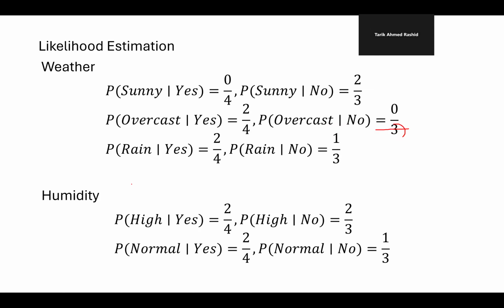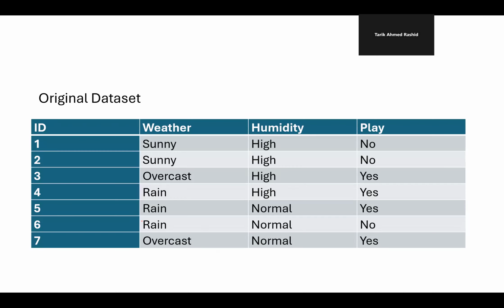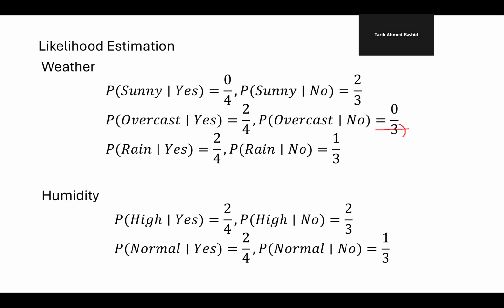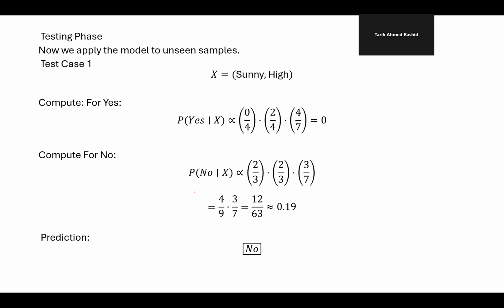For the rain, how many yeses do we have for the rain? If we can go back, yes for rain, and 2 yeses we have, so 2/4. And how many rains do we have with no? 1 no we have for the rain. And how many no's are there? 3 no's in the data set.